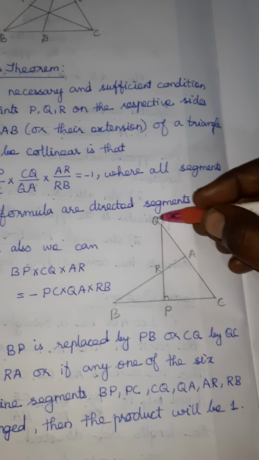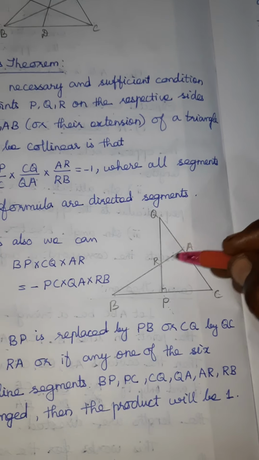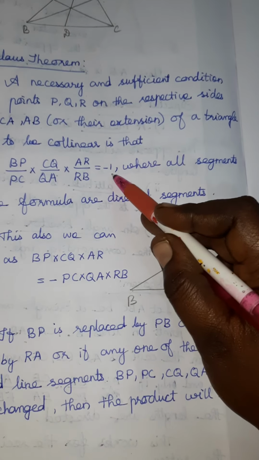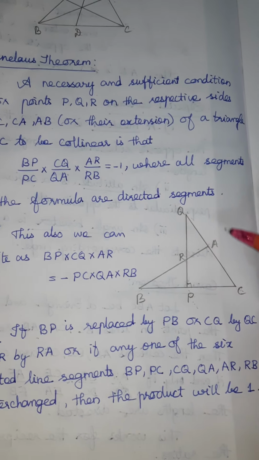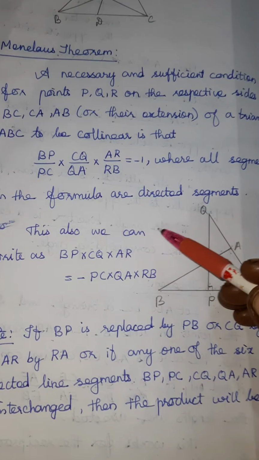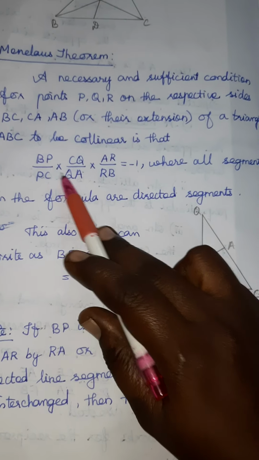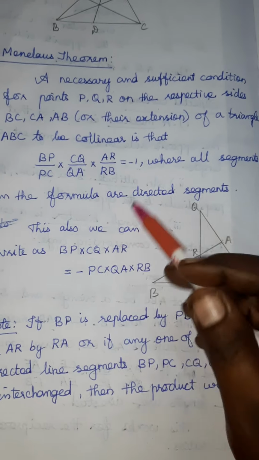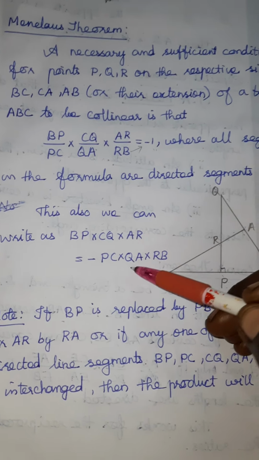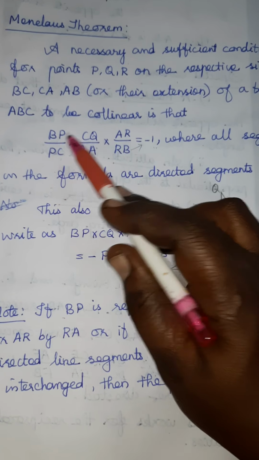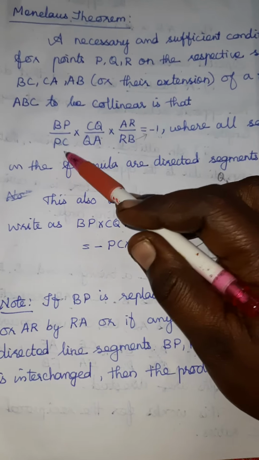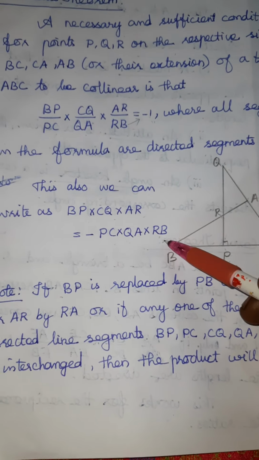So CQ divided by QA, then AR divided by RB. So we get minus 1. This product is minus 1. This we can also write by cross multiplying, you will get the same: numerator BP into CQ into AR equals minus PC into QA into RB.